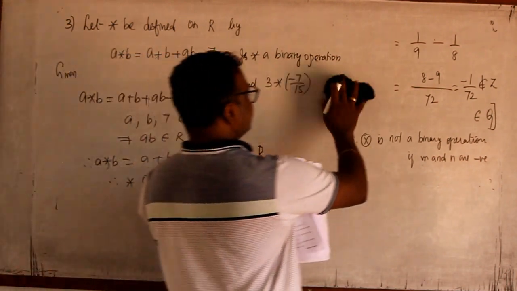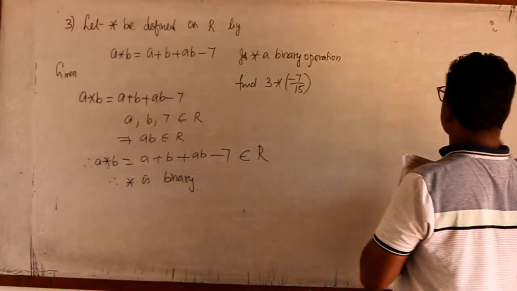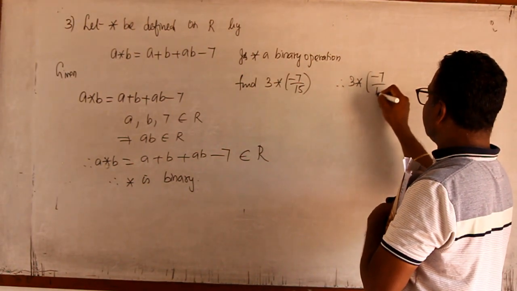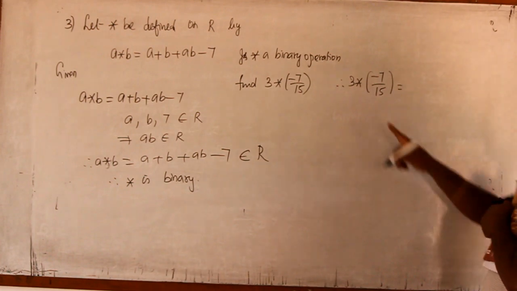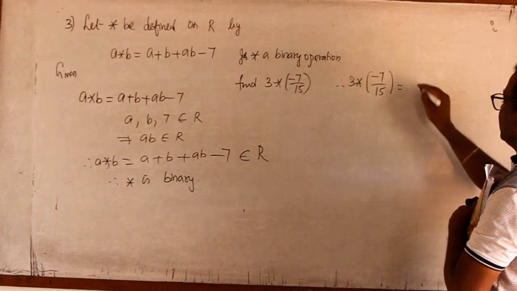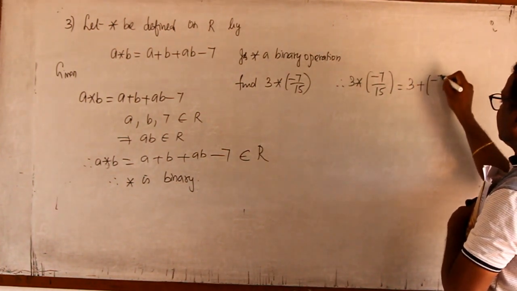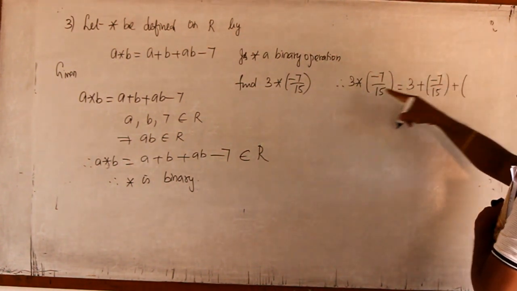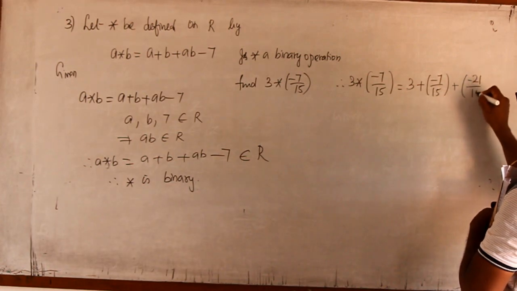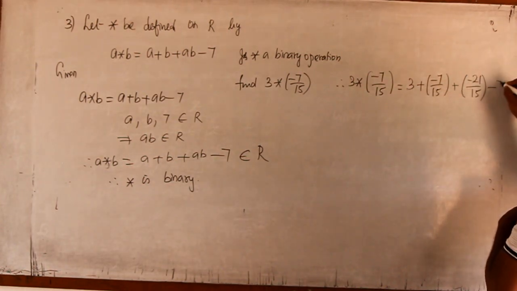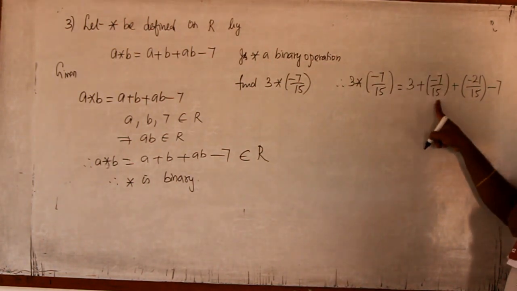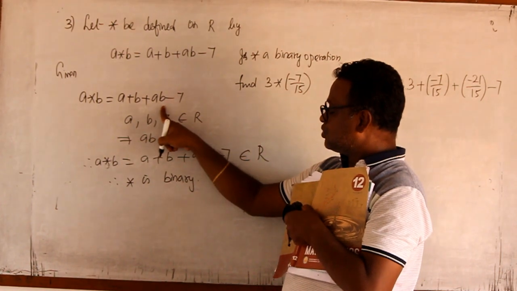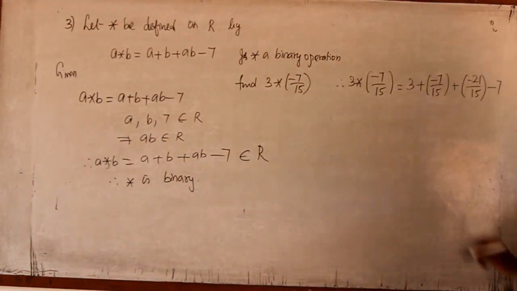If so, what is the answer they are asking for? That is, 3 star minus 7 by 15. What is the operation? Add these two numbers: 3 plus minus 7 by 15. Now plus multiply these two numbers: minus 21 by 15. And then subtract 7. Are you understanding? Add these two numbers, multiply those two numbers, and subtract 7.